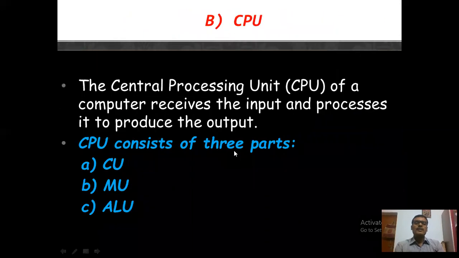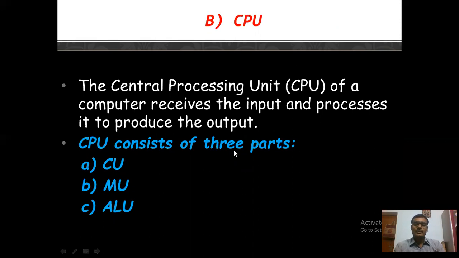Now coming to the CPU, it is known as the central processing unit of a computer. It receives the input and processes it to produce the output. All the processing is done inside the CPU. It is able to calculate the result. It is able to process the data. Okay, after processing the data, it produces the result.